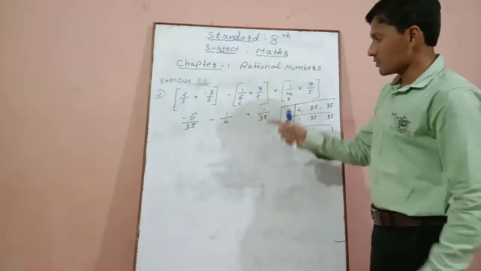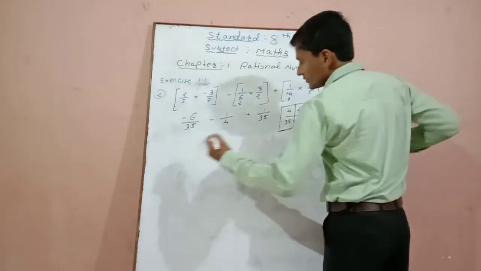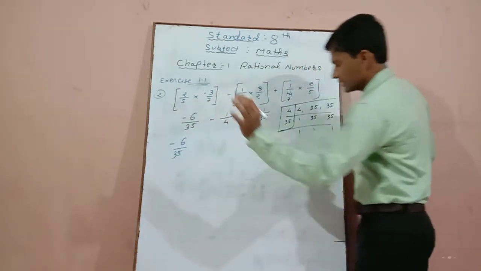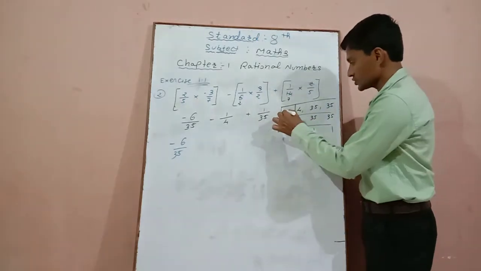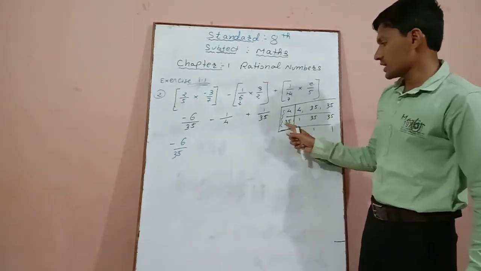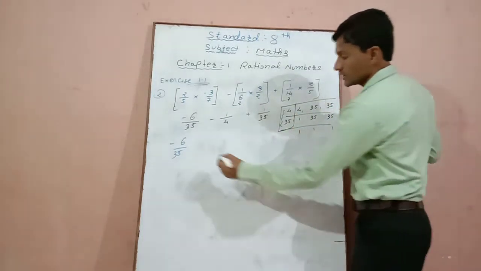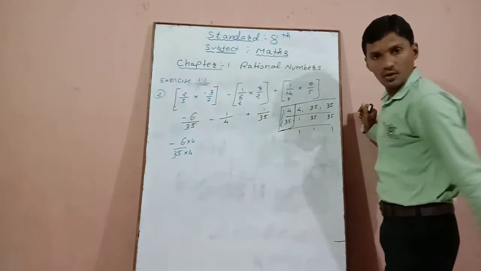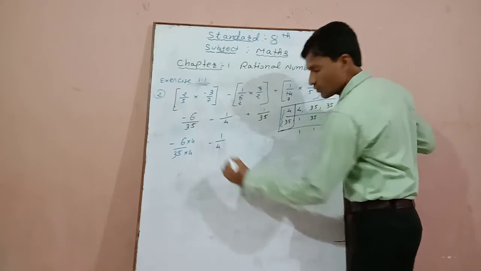Okay. Now we have to compare one by one. Minus 6 divided by 35. Now see, here 35 and common LCM is these two. So 35 is there. What is the remaining number? Remaining number is 4. So it will be multiplied by 4. Now second, minus 1 divided by 4.